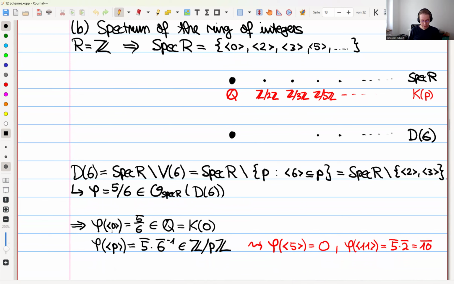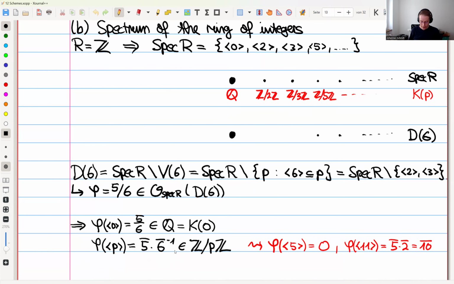And so, for example, at 0, we need to get a number in Q, and the number that we get is just 5/6. So we get back this entire fraction. Whereas at these other points here, we need to get an element of this finite field. And what we do there is, by ensuring that p does not divide 6, 6 is an invertible element in Z modulo pZ, and so it has an inverse. And then we can just get the element 5 bar times 6 bar inverse.